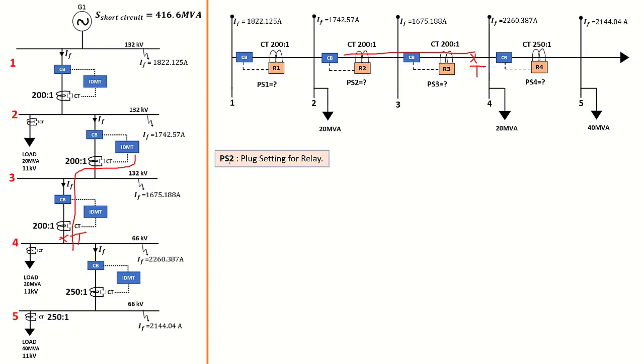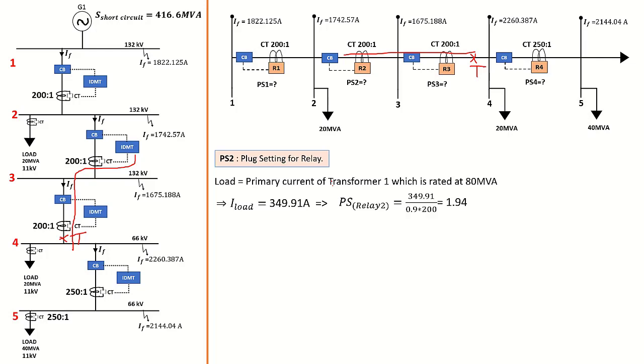This means relay 2 has the same load current as relay 3, which we have already calculated, 349.91 amps. From there we determine the same plug setting of 1.94, which gives us a 200% plug setting for this relay, since they have the same ratio as well.